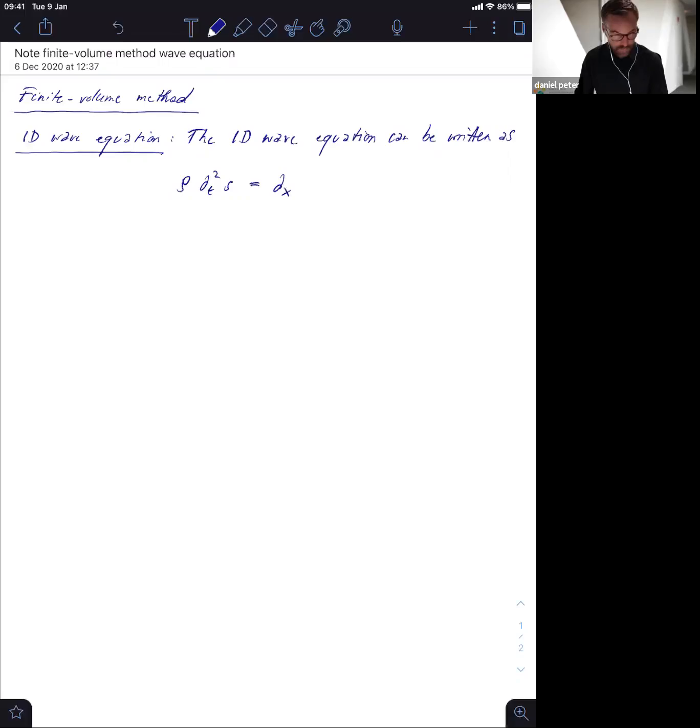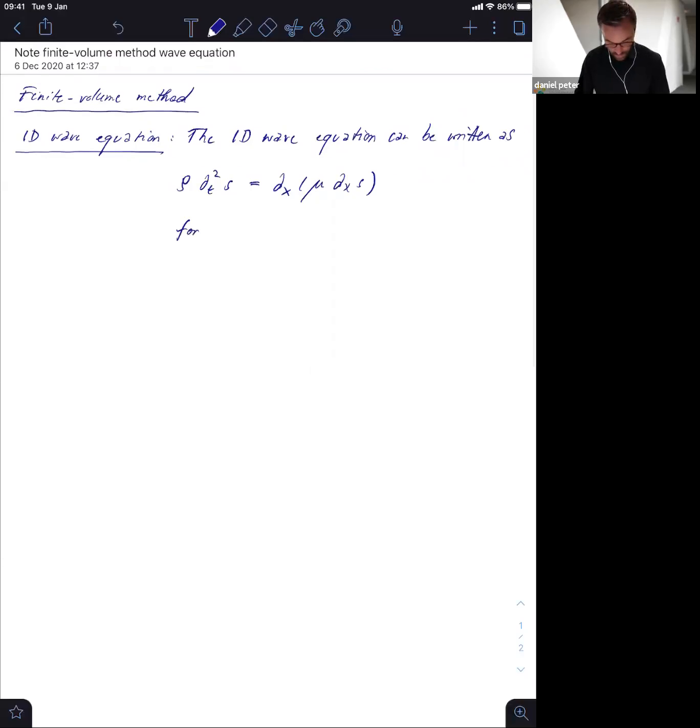And then we have these partial derivatives with the shear moduli times the strain. So this is the equation we're going to solve. It's the homogeneous 1D wave equation. We don't use a forcing term, but rather just start from an initial condition.